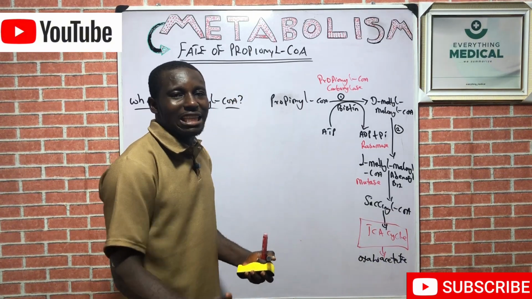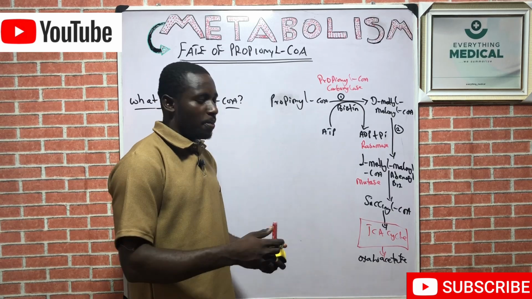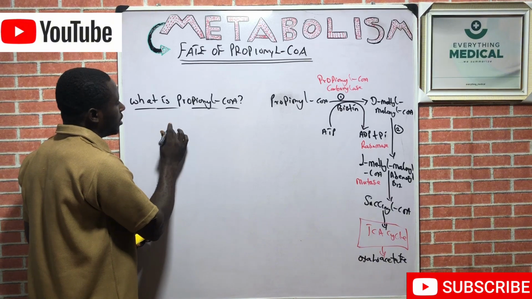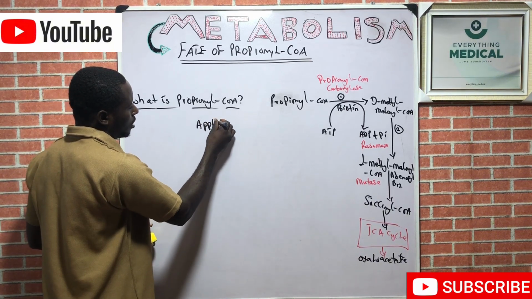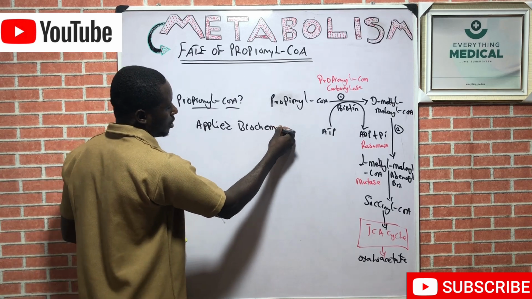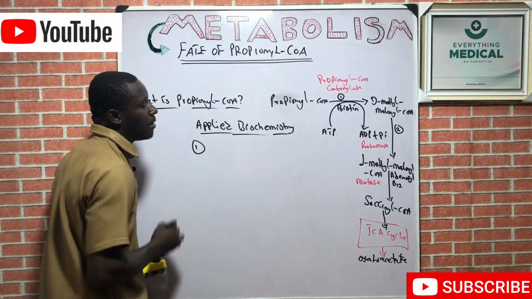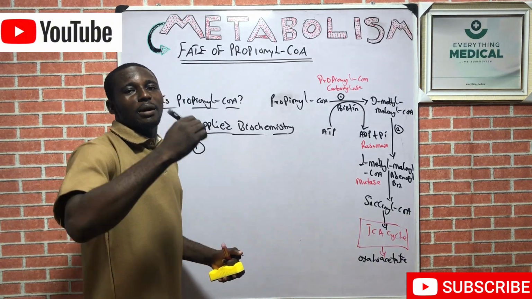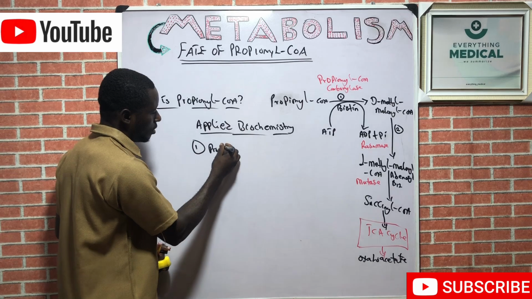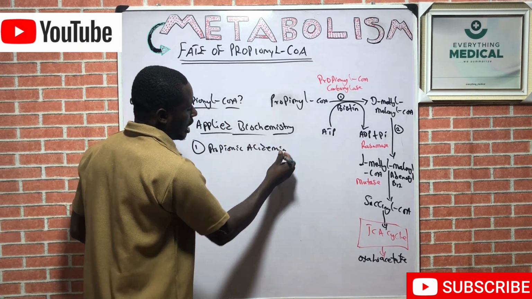Then, what are the applied biochemistries of the fate of propionyl-CoA? Here it goes. Number 1 is propionic acidemia.